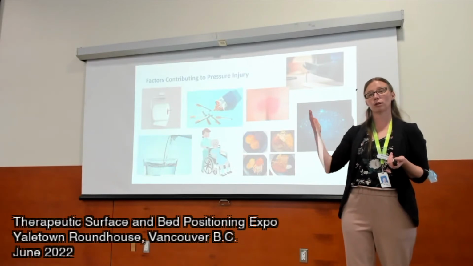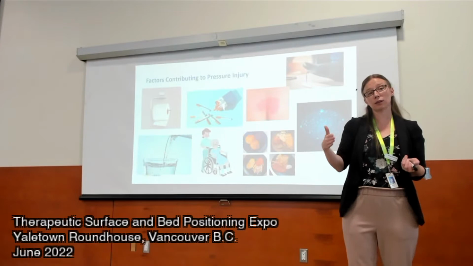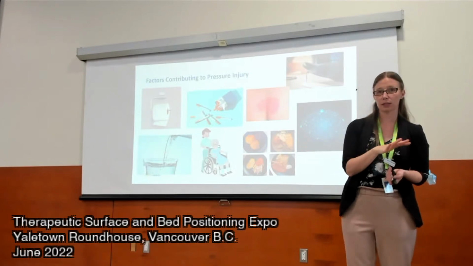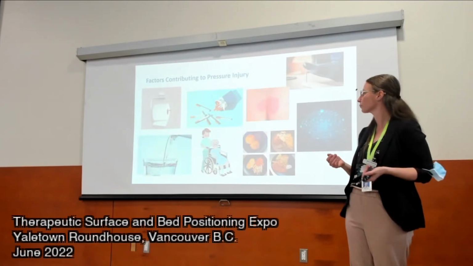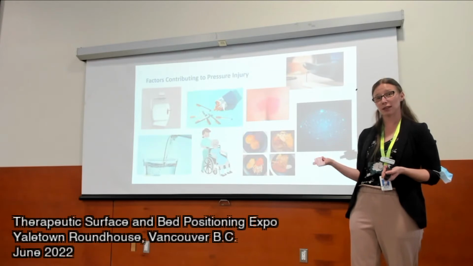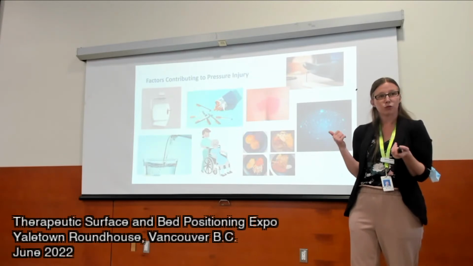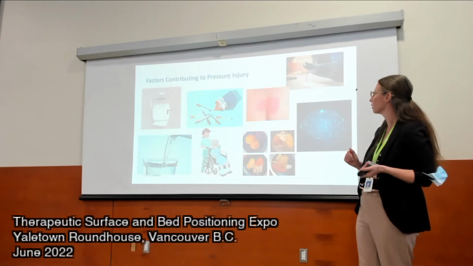So even after your pressure injury has healed, it will only heal to 80% of its previous skin integrity. So it's still going to be at greater risk of reopening. Spasticity and tone is another one. So when you have those contractures, it's going to put more force on the bony prominences.